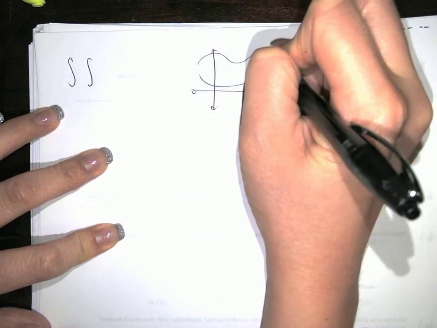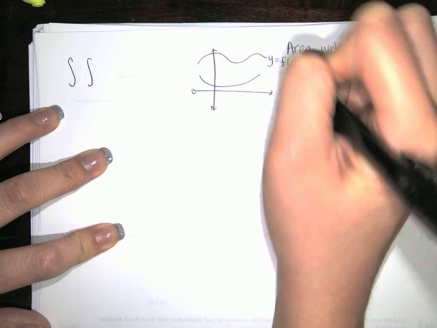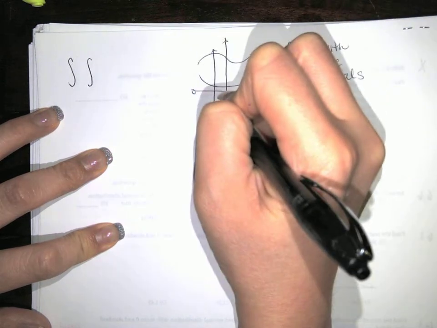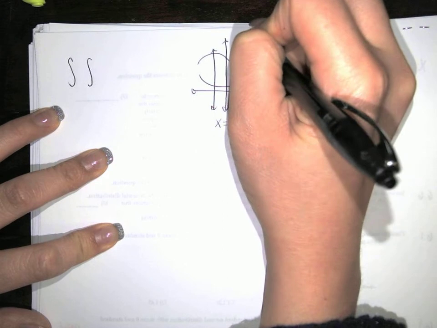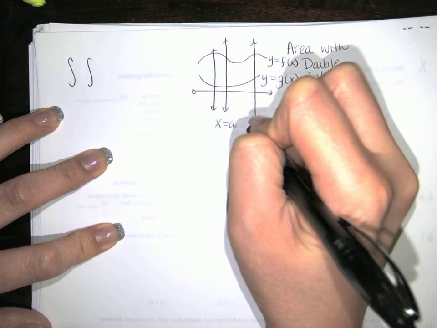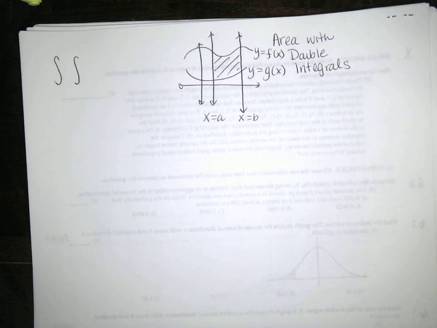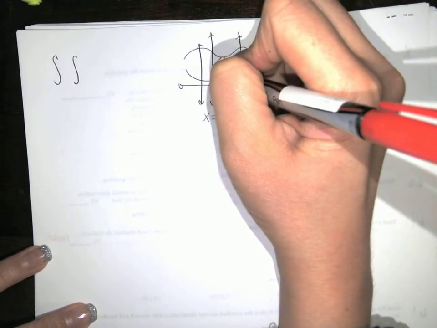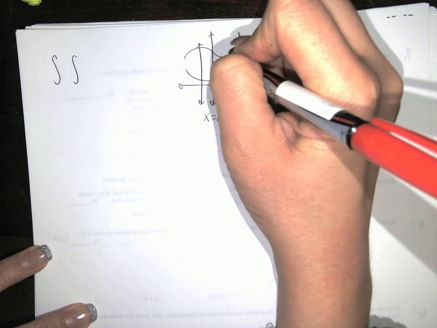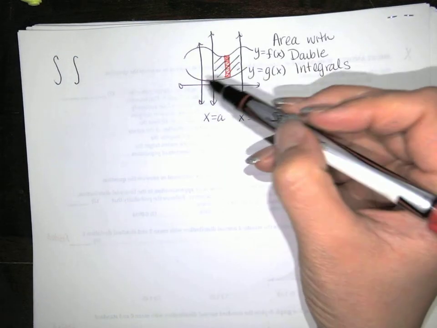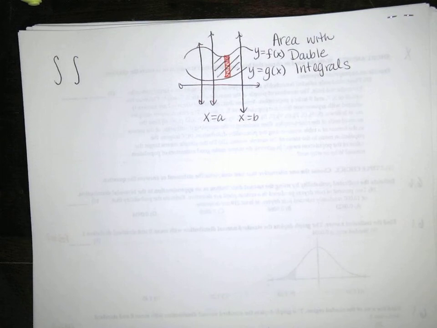If you're looking at something like this, y equals f of x and y equals g of x are here, and x equals a is here, and x equals b is here. Y goes from a function to a function while x goes from a constant to a constant.